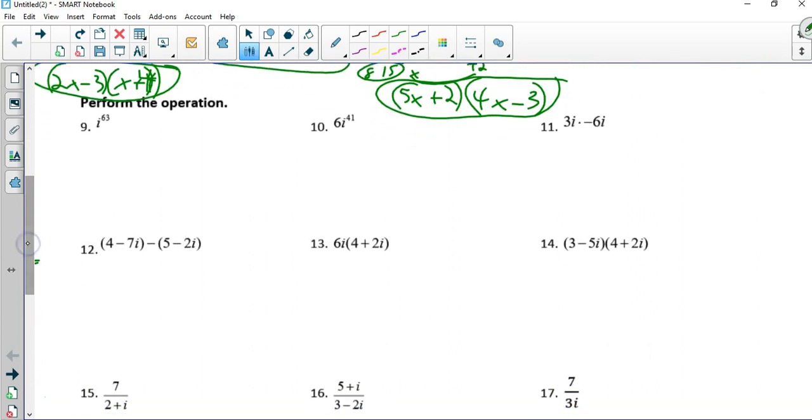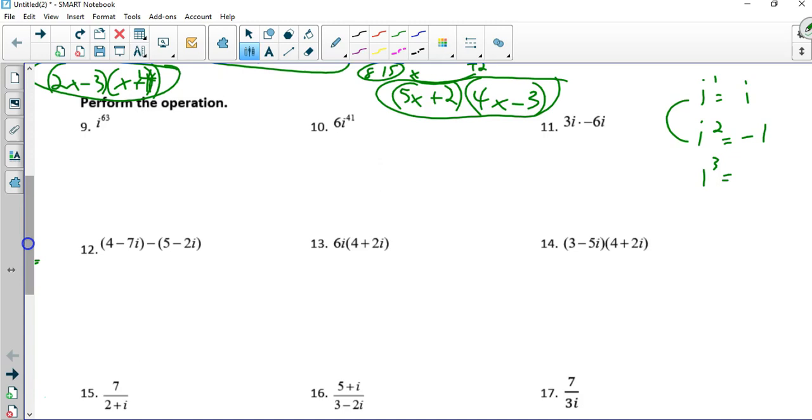Okay, simplify i to the 63. So remember, first off, I'm going to come over here to the right side. i to the first is just itself, i. i squared, you should remember, is negative 1. Now, if you don't have this chart memorized, i to the third is created by multiplying these two, because 2 plus 1 is 3.